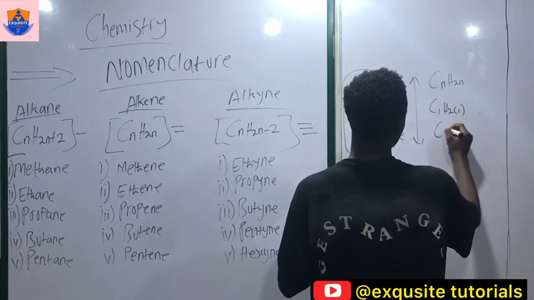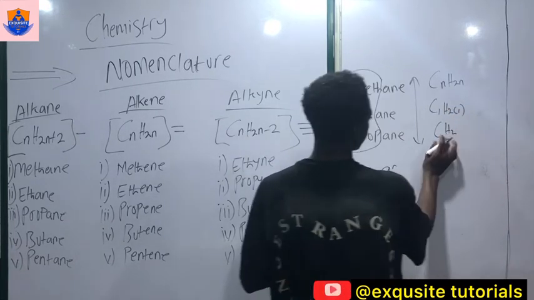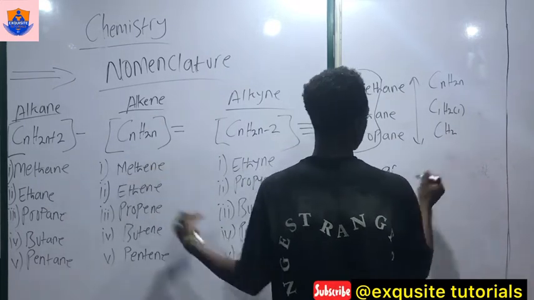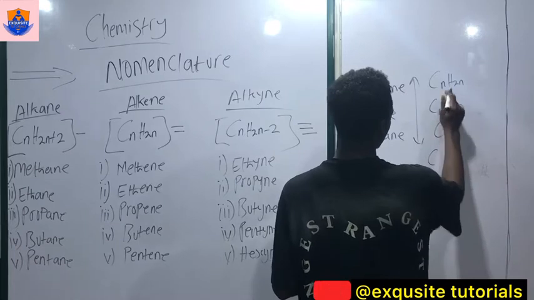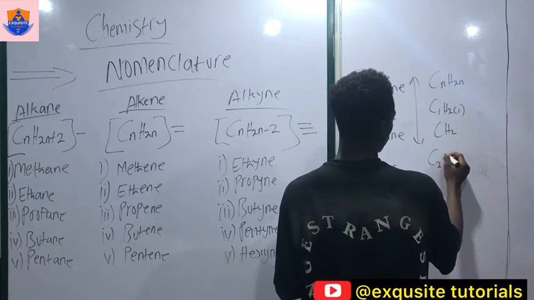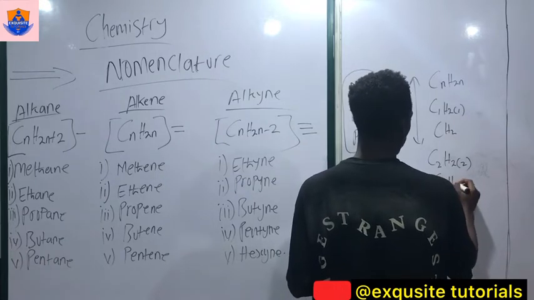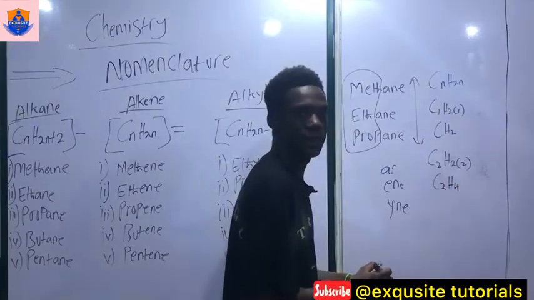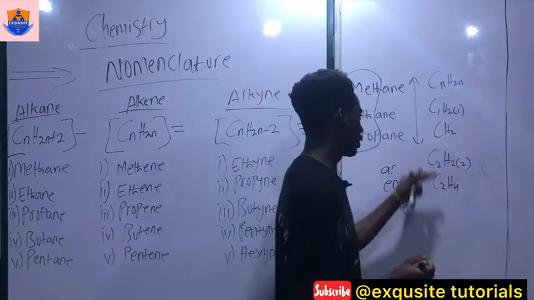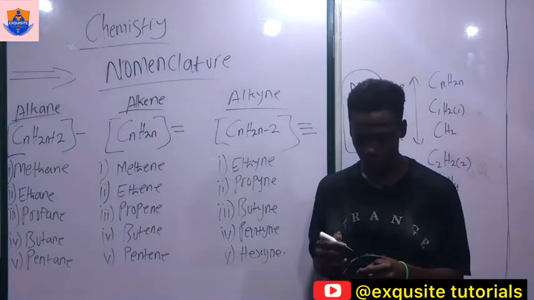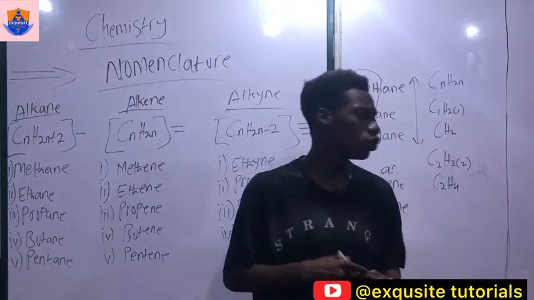So we have CH2. This is the first member of the alkene. Then the second member will be n equals 2, then 2 times 2, so we have C2H4. Now this is ethene. The same goes for everything down to the 5th member and down to the 10th member.